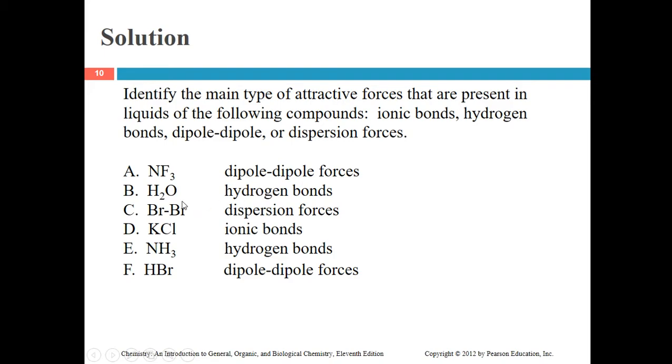Water, by now, we've already mentioned it's hydrogen bonding. It's not an ionic bond, and there's hydrogen bonding in it because there's an oxygen to hydrogen, and it will bond with another water molecule, forming an attractive force called hydrogen bonding. Br to Br. Well, I don't care what electronegativity value Br has, it's hooked up with another Br.